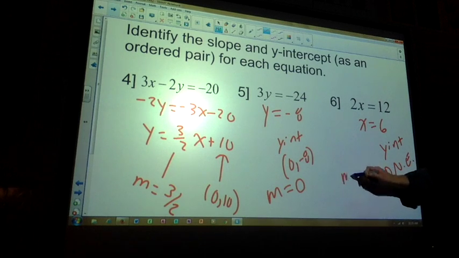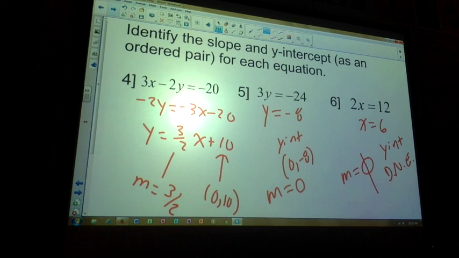What is my slope? Undefined. Undefined slope. Vertical lines always have an undefined slope. Vertical lines are not functions. The vertical line test doesn't pass. May I move on?